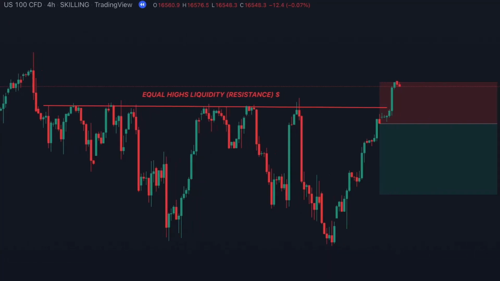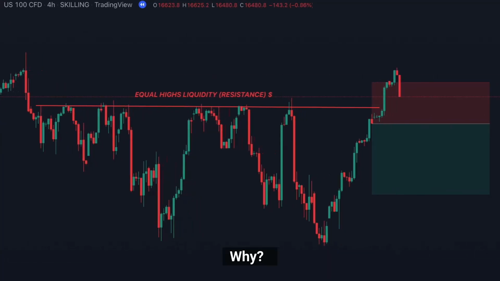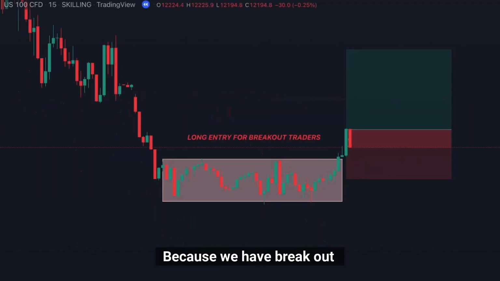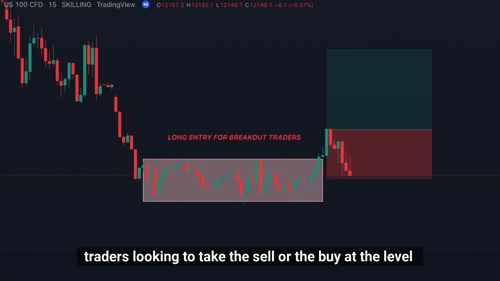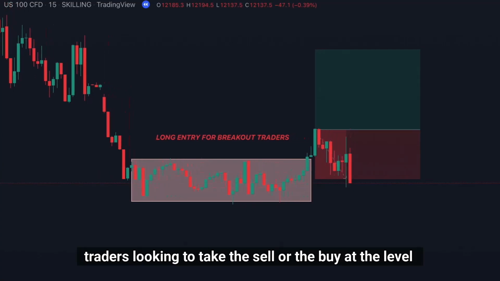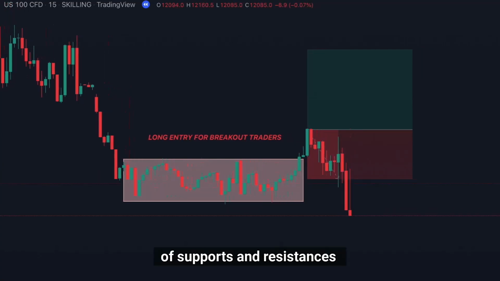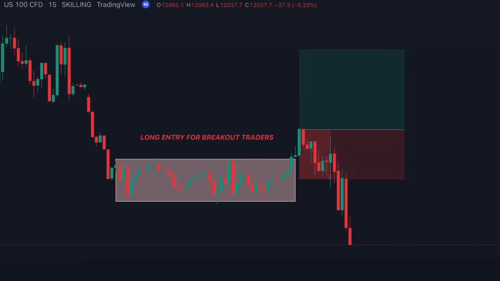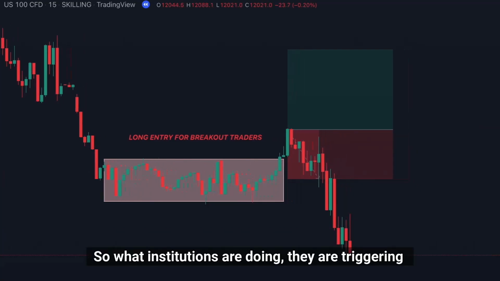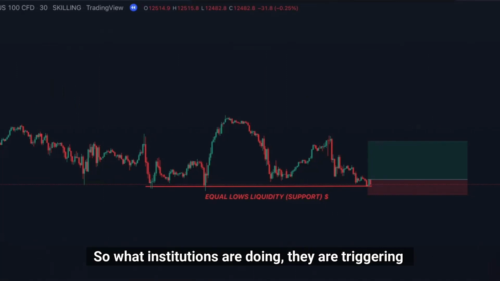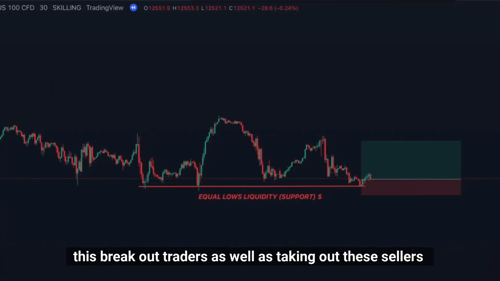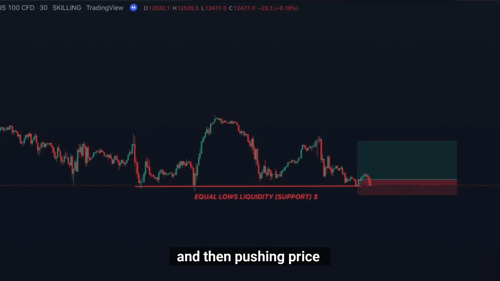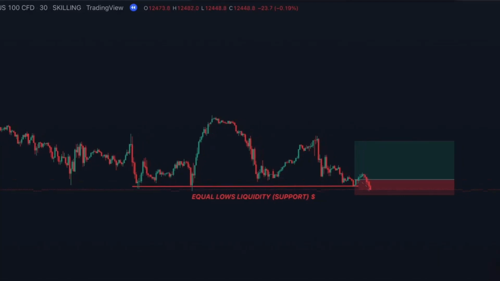Why? Because we have breakout traders looking to take the sell or the buy at the level of supports and resistances. So what are institutions doing? They are triggering these breakout traders as well as taking out these sellers and then pushing price. This is a form of grabbing liquidity.